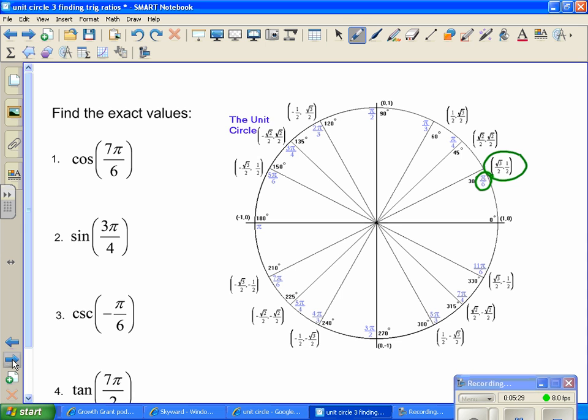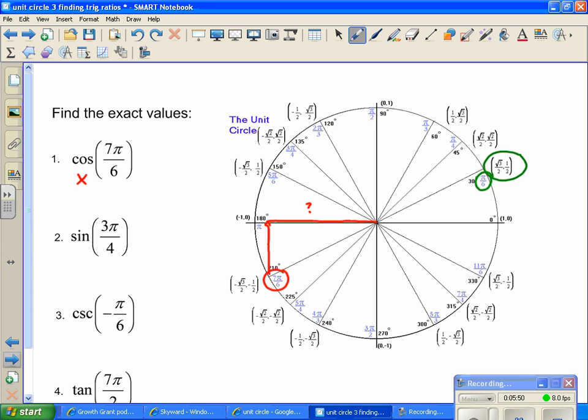First, you need to find 7 pi over 6 on your unit circle, which is right here. Then you need to be able to identify what the terminal point is. And for cosine, we're going to need to know the x value. Okay, so the x value in that unit circle would be this distance on the x-axis.